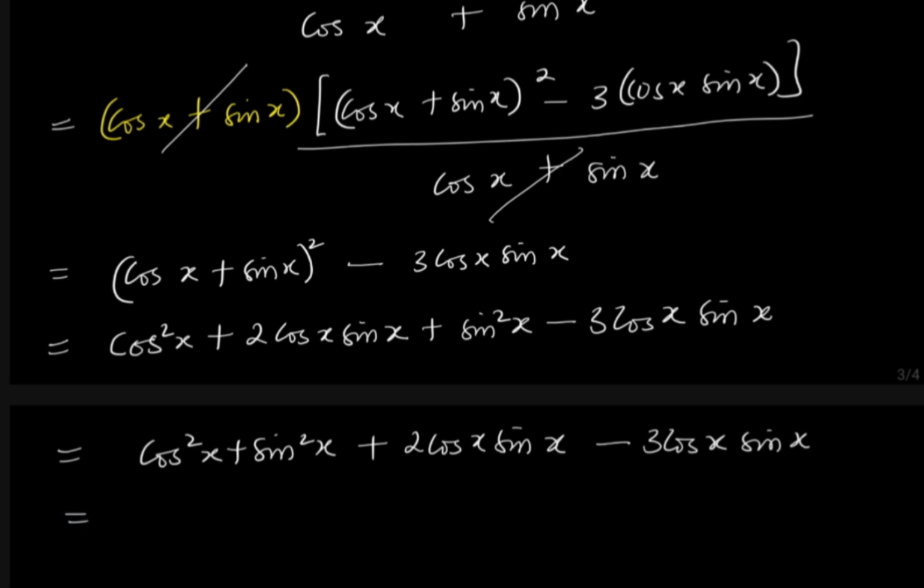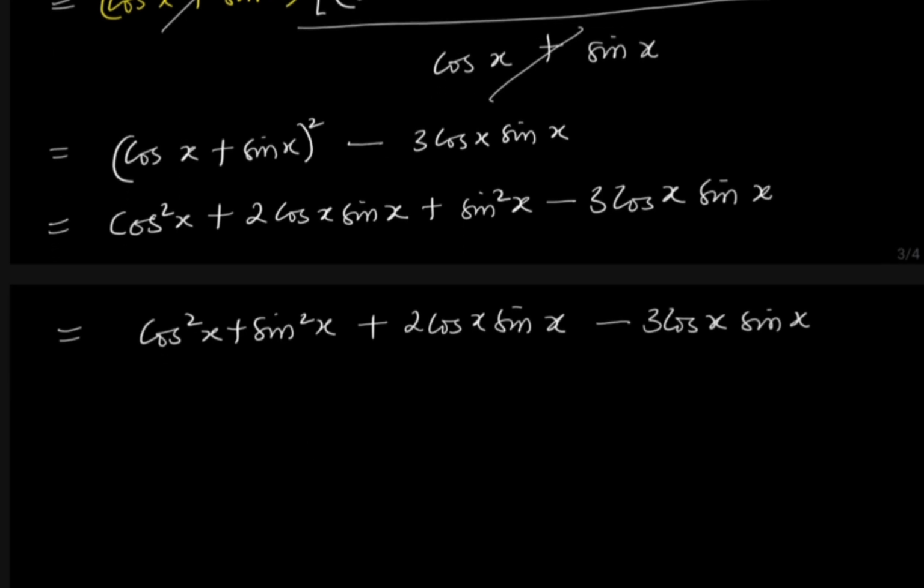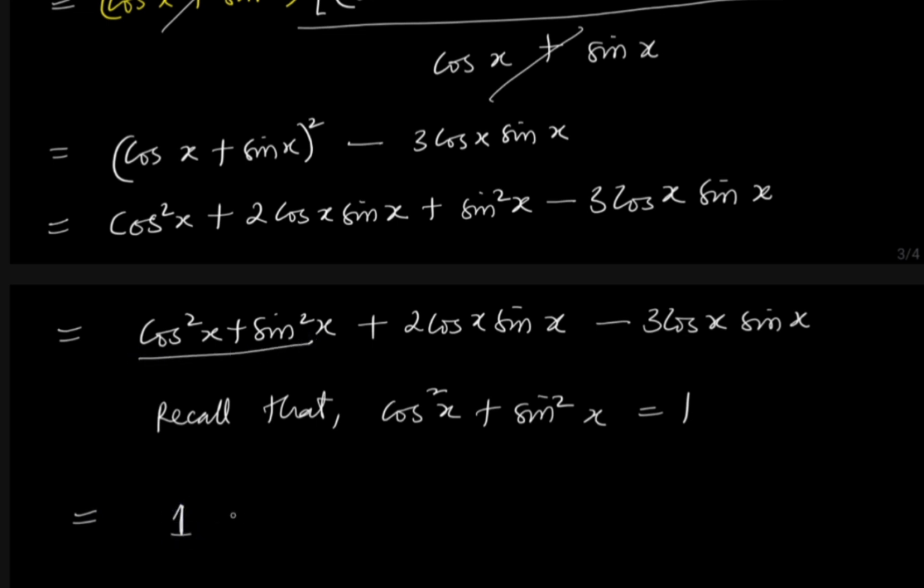So we do the trigonometric stuff I've been talking about here. You recall, I'm sure you know, that cos squared x plus sine squared x is 1. So instead of this, I'm going to have 1 here. Then on this other side, these two are the same: 2 cos x sine x minus 3 cos x sine x.